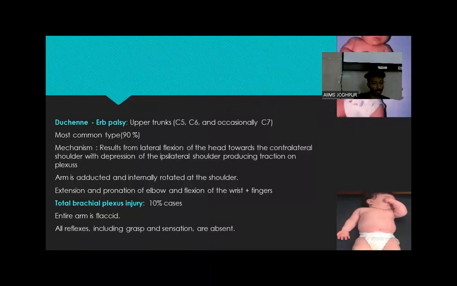Total brachial plexus injury accounts for 10% of cases, in which the entire arm is flaccid, and all reflexes, including the grasp and sensation, are absent. In Erb's palsy, the grasp reflex will be preserved, while other reflexes like the biceps and Moro's reflex will be absent.